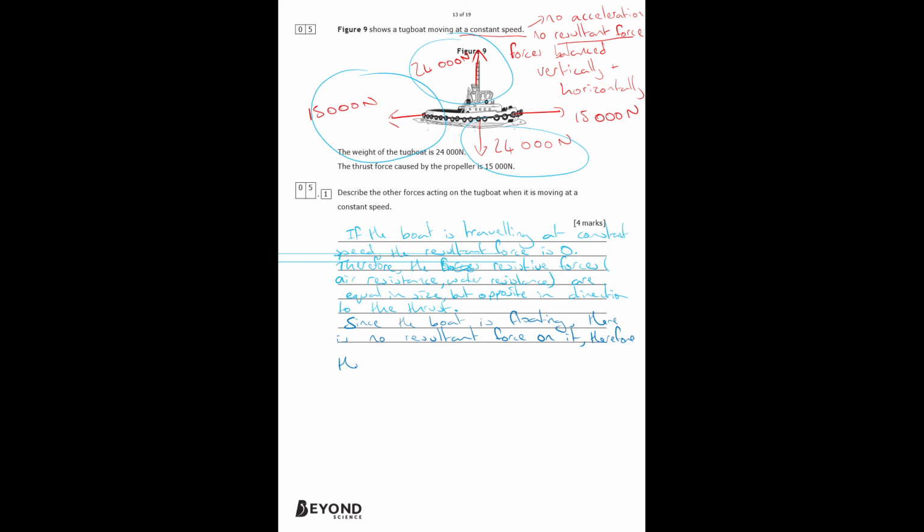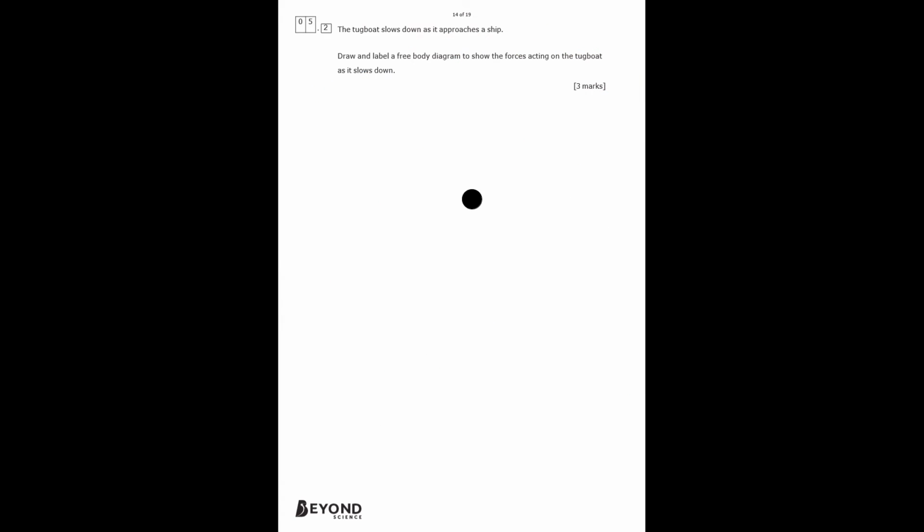Therefore, the upwards force, and in this case our upwards force is called upthrust, must be equal to the weight of the boat. And we've established, or we've been told, that is 24,000 newtons. And implied in that, I've said the upwards force, implied in that is it's going in the other direction. Okay, so that's 5.1.